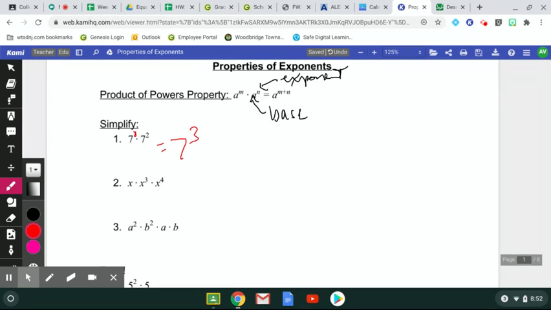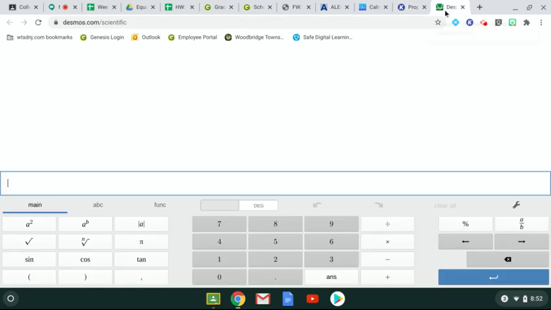Now we are going to evaluate that, but you might not know 7 to the third power off the top of your head. So let me show you. There's many calculators you could use online, but the one I recommend is Desmos. So if you just go to desmos.com and pick the scientific calculator, you just Google Desmos scientific, that'll be the first one that comes up. Okay, so let's suppose we need to figure out 7 to the third power.